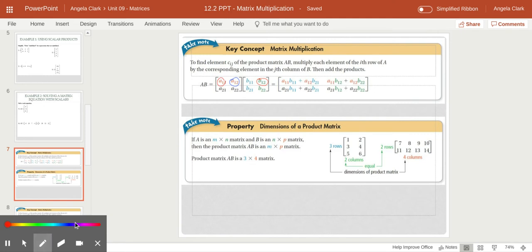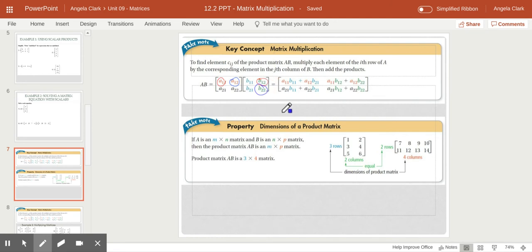And then with the second element of the first row of A, you're going to multiply by the second element of the second column of B. First row, second column. So same thing is going to happen with the second row, first column. We're going to multiply second row by the first column. And then here you're multiplying the second row by the second column.